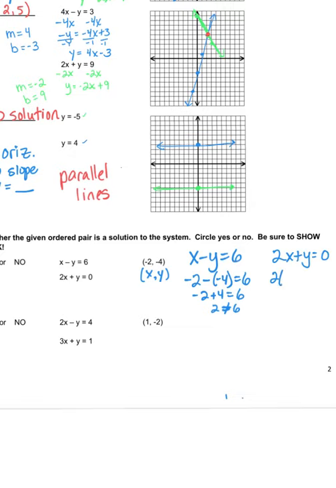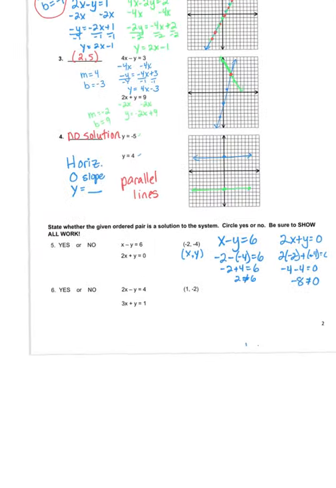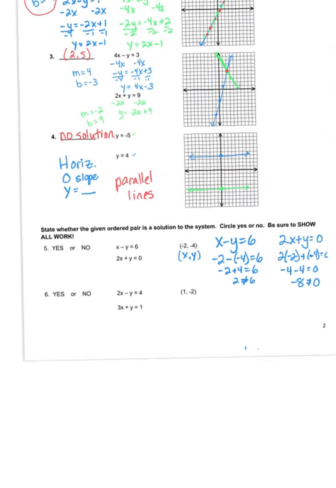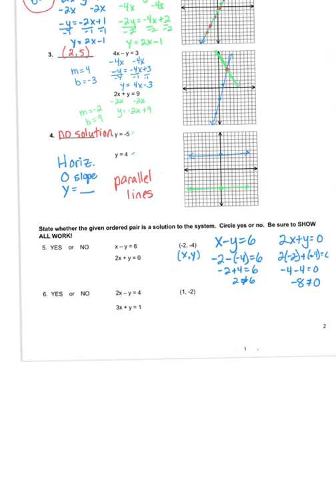So 2 times my x value, which is -2, plus my y, which is -4, equals 0. -2 times 2 is -4, minus 4 equals 0? -8 does not equal 0. So is the ordered pair (-2, -4) a solution to the system? We will say no.